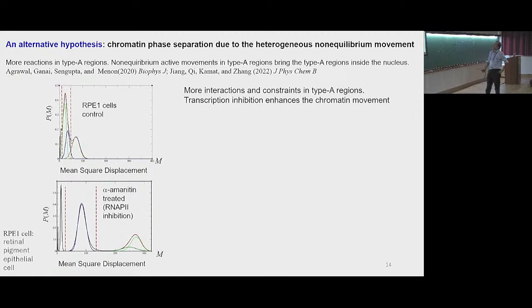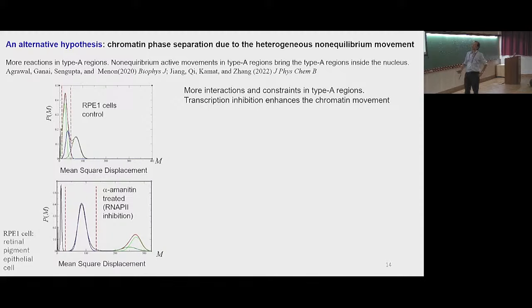Okay. And this is the distribution of the mean square displacement of individual nucleosomes, as we saw in the previous slides. In this case, RPE1 cells, the human cells. And we have several components, in this case 3 components, actually.